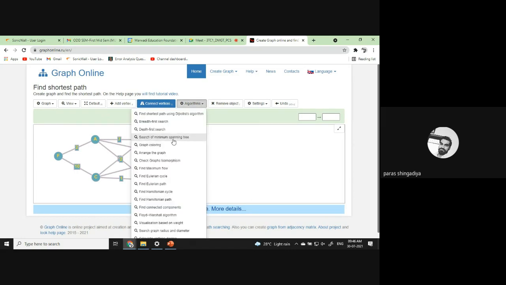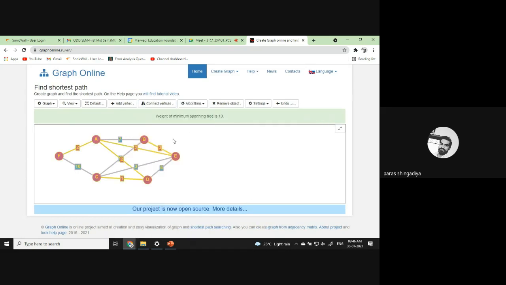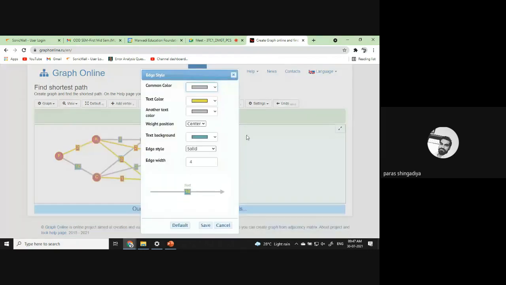So here, let's use this option. Does it look like a spanning tree? Let's check the color. Just 1 minute.